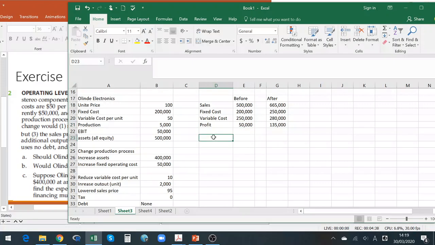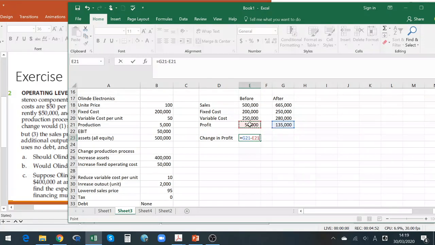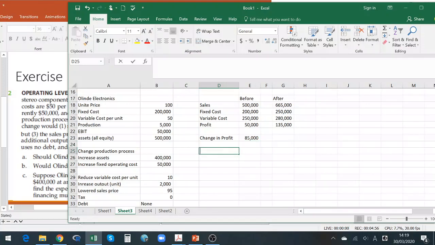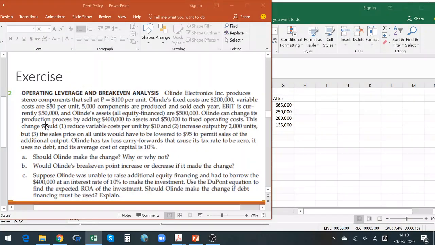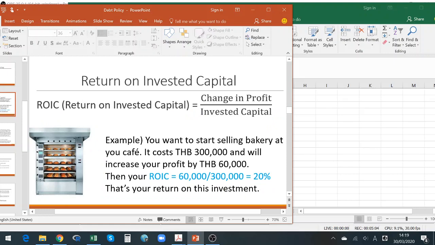So I want to know the change in profit. How much profit increase is just this minus this, right? After the increase by 85,000. So your return on invested capital, remember, is from this formula, right?